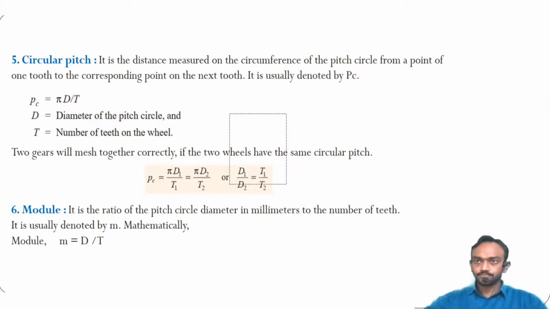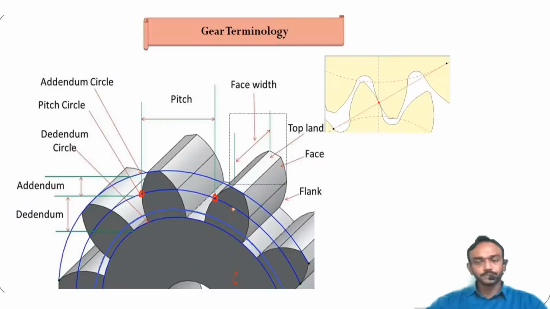Circular pitch is the distance measured on the circumference of the pitch circle from a point on one tooth to the corresponding point on the next tooth. How can you measure it? The total circumference of the pitch circle is pi d, where d is the diameter of the pitch circle.